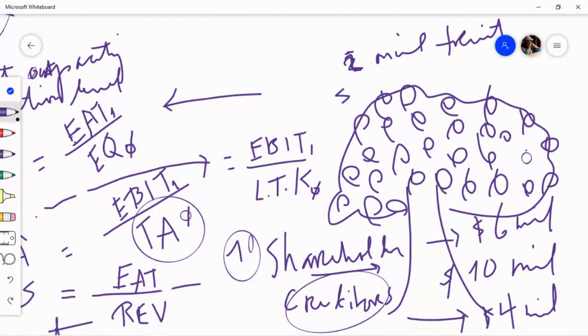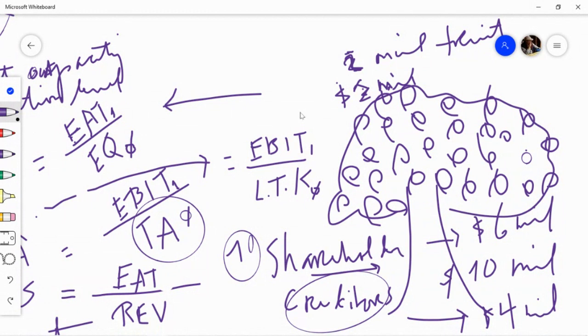That means its total revenue is $2 million. But let's say this revenue is exactly profit.